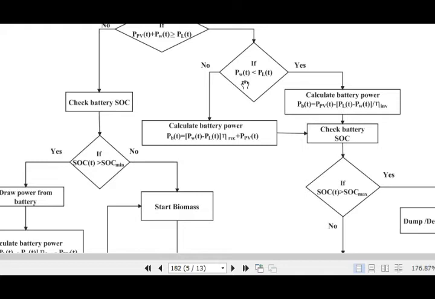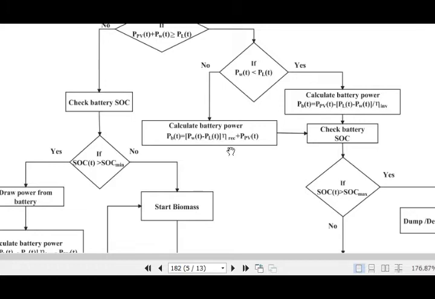The next scenario is when the wind power is sufficient to meet the load demand. In that case, the PV will be directly added to the battery, and the difference, PV power minus P load, the remaining part, will be the extra energy.